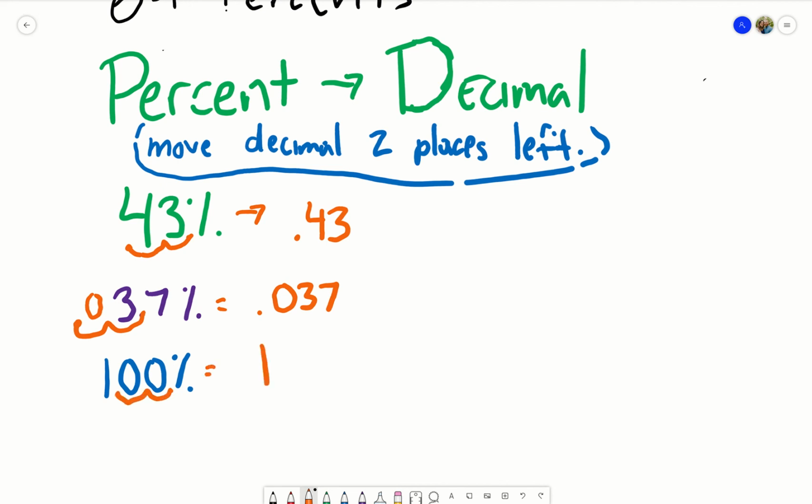That is 1. Technically 1.00, but we don't need a 0, so it's 1. All right, so with decimals, we always want to be moving 2 places back, and that's going to be how we go from a percent to a decimal. Every time, move 2 places back.